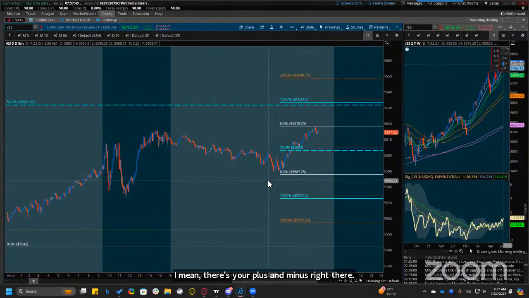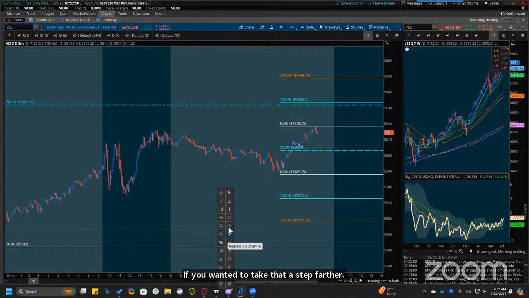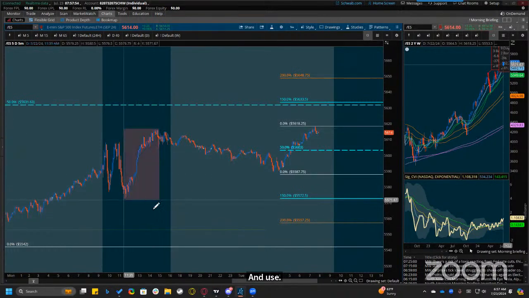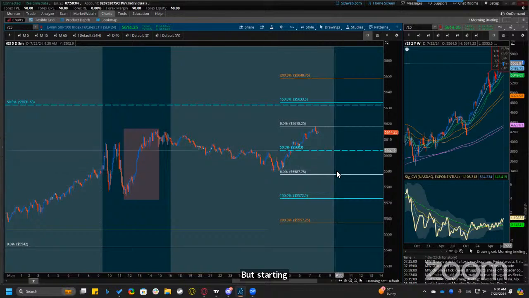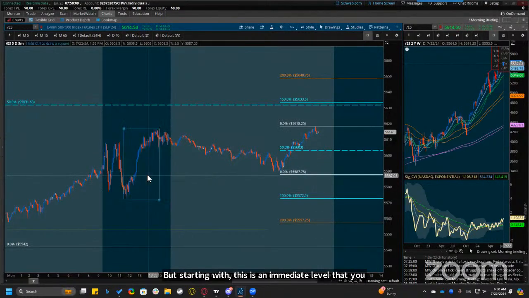If you wanted to take that a step farther and use something more like all of yesterday's regular trading hours, certainly do that too. But starting with this is an immediate level that you can work with. You got your half back and your breakout levels on each side. It's more than enough right there.